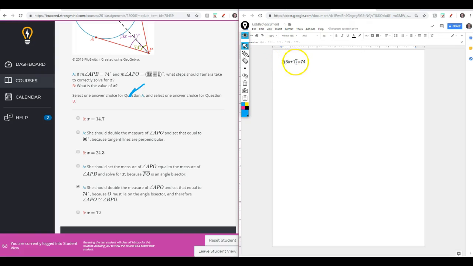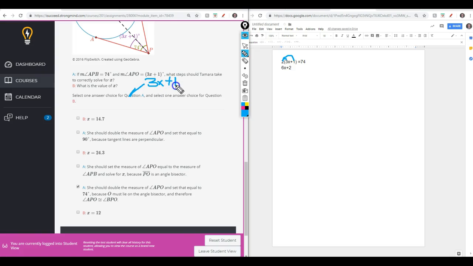Well, notice this is in parentheses and we have a 2 multiplied outside of it. So we're going to distribute that 2 through, which 2 times 3x is 6x, plus 2 times 1 is 2. Or you could think of it, if I doubled this, if I had two 3x plus 1s, I would have 3x plus 1 and plus 3x plus 1.